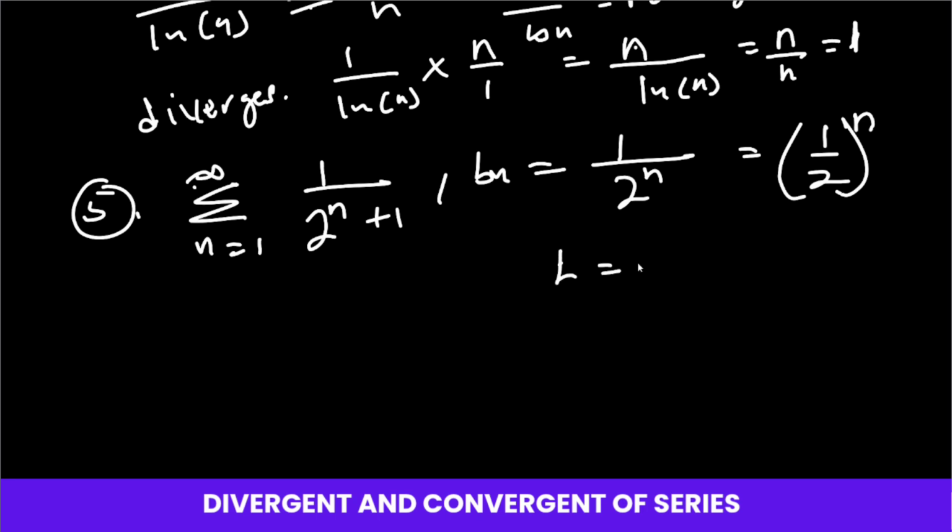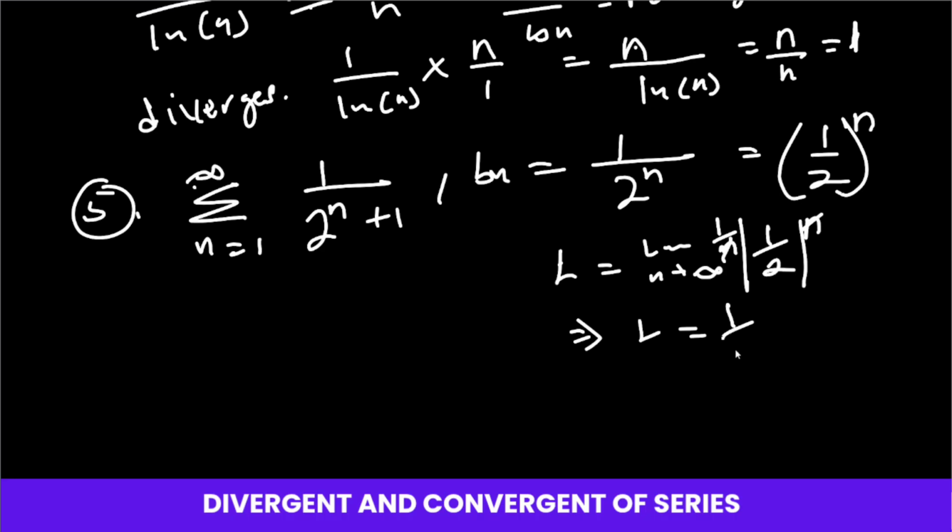So we can say that L is equal to the limit as n approaches infinity of the absolute value of 1 over 2 all to the power 1 over n. This n will cancel this, giving us L equal to 1 on 2. According to the root test, if L is less than 1, then it converges.